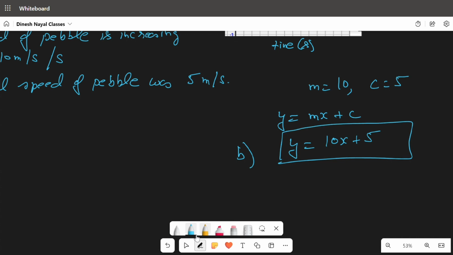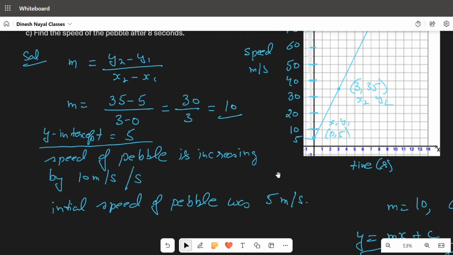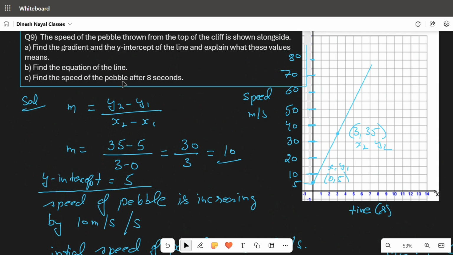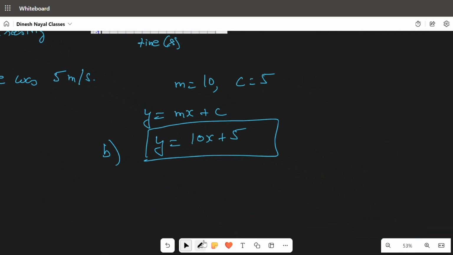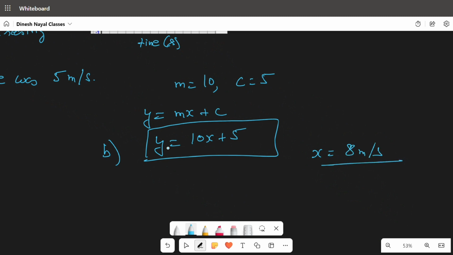Okay. Now let's see the C part. Find the speed of the pebble after 8 seconds. Over here in the equation, x represents the time and y represents the speed. So you have to find y when the time, that means x, is 8.